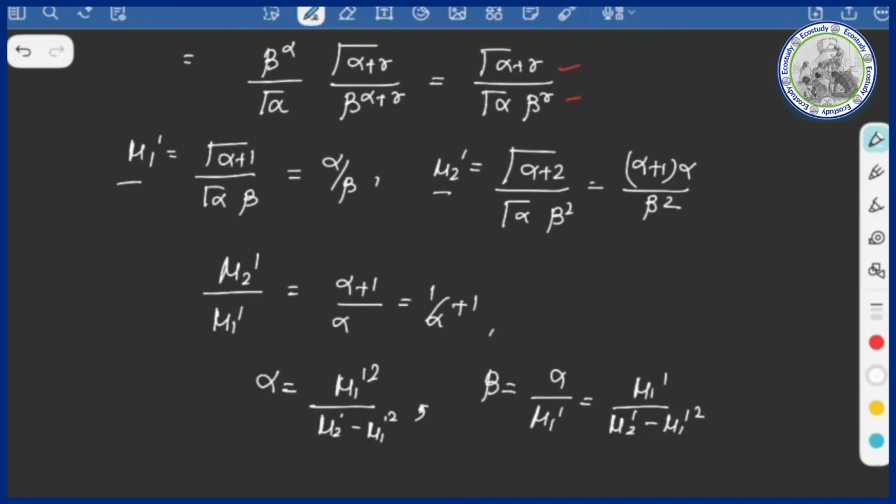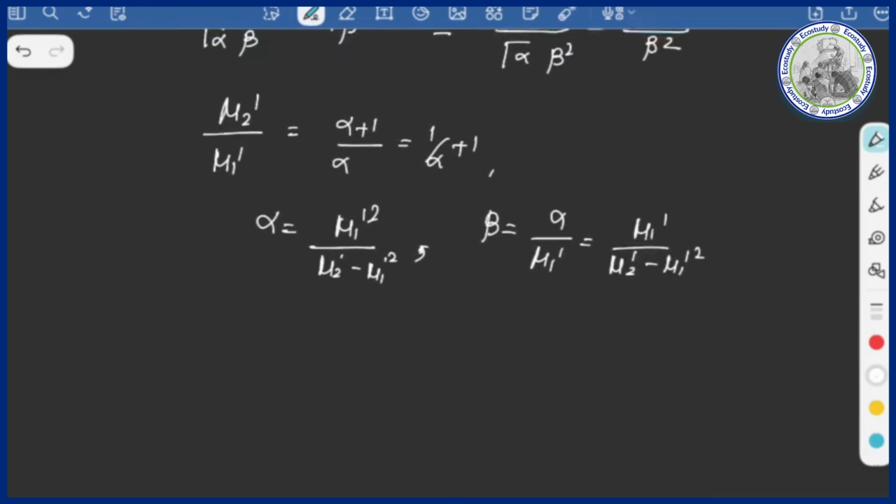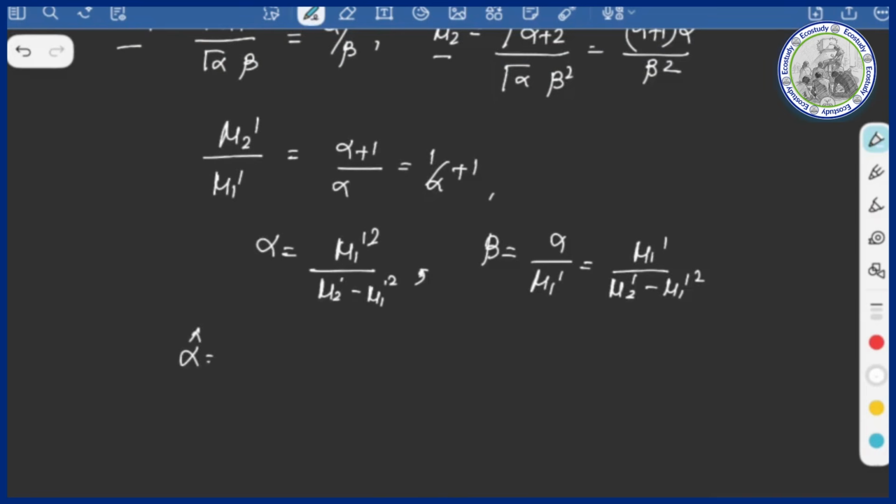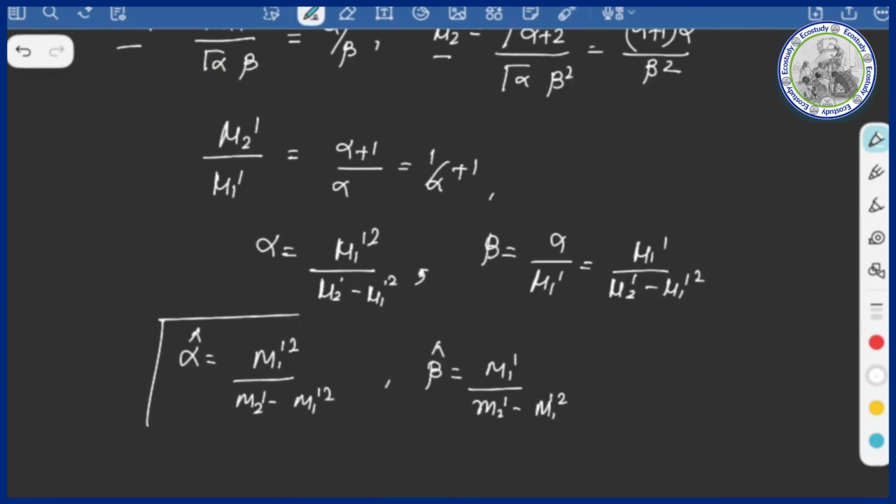So the alpha estimate will be m1 square into m2 dash minus m1 square, and the beta estimate will be m1 into m2 dash minus m1 square. These are your estimates.